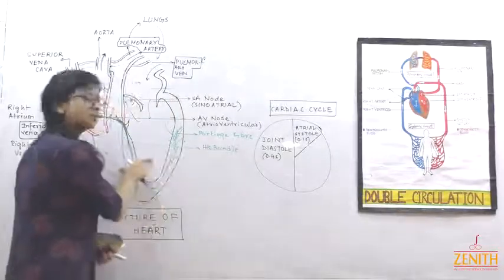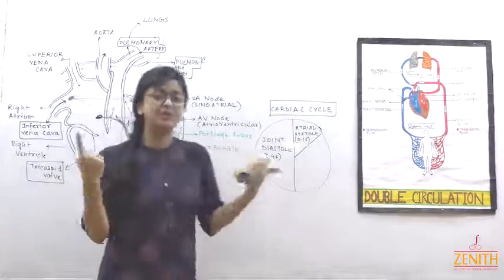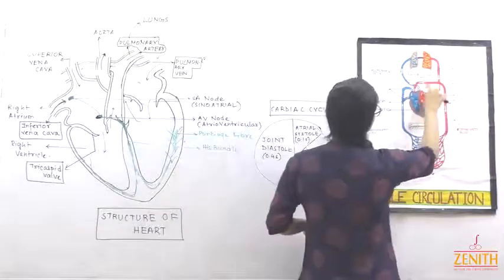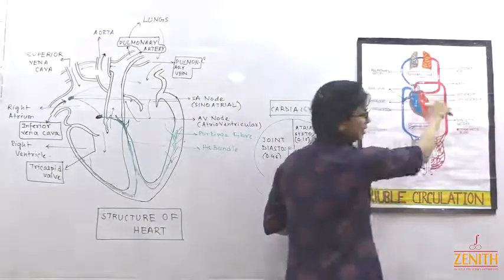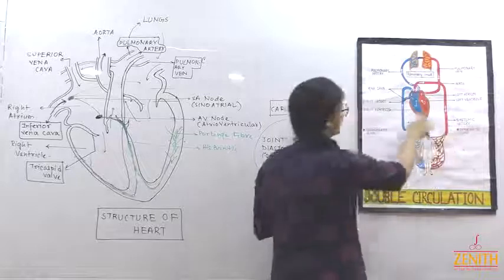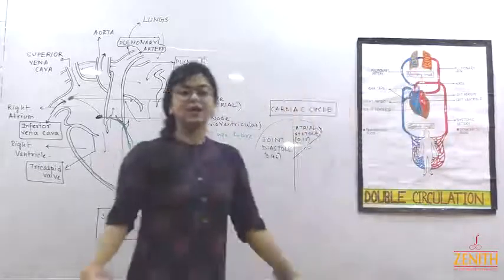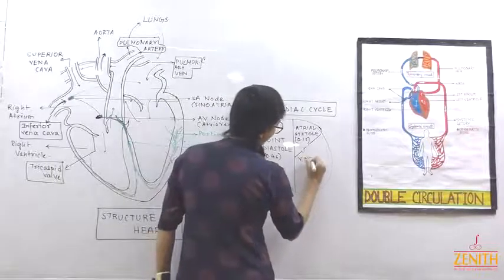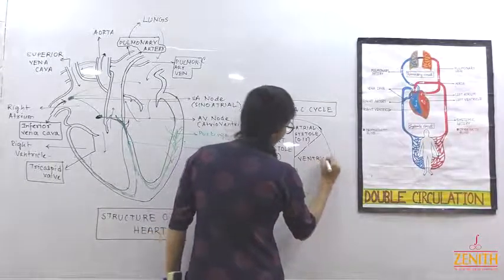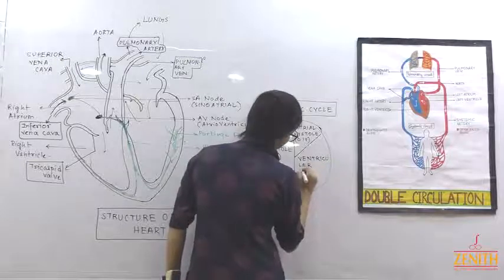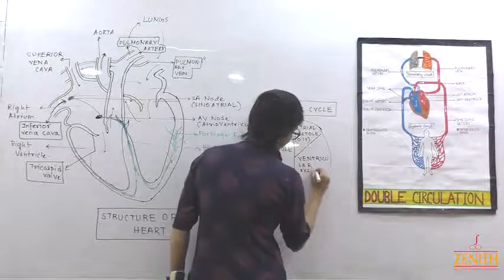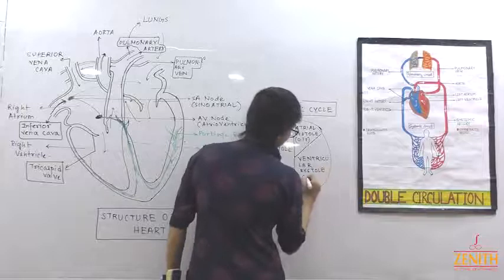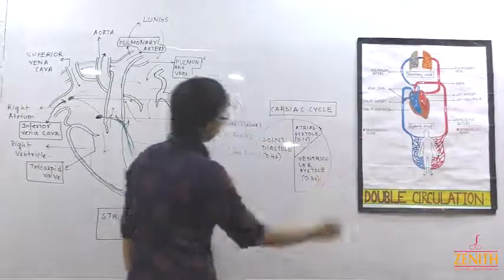When the ventricles undergo systole, they pump the blood through the aorta, and to the pulmonary artery to the lungs. This is called ventricular systole. That will take 0.3 seconds of time.